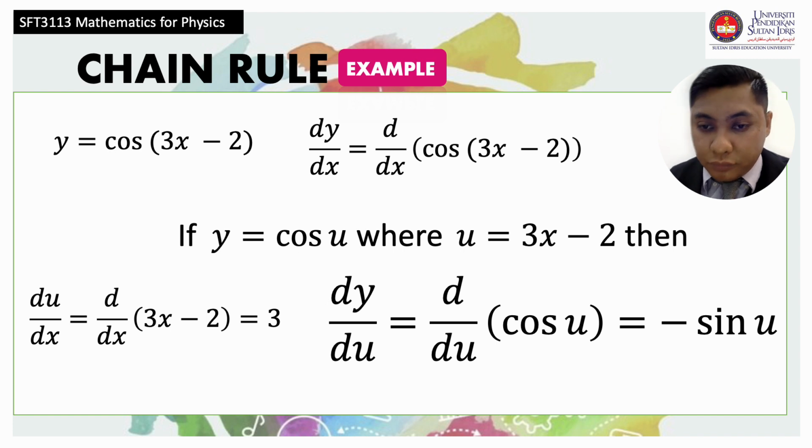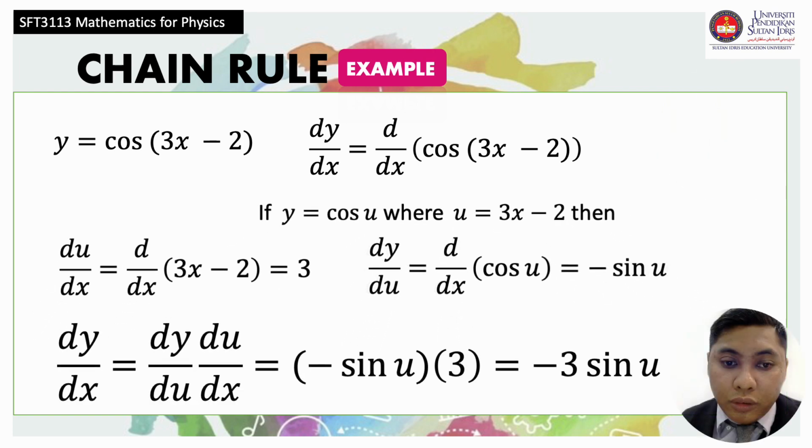So how are we going to solve it? According to the chain rule, dy/dx equals dy/du times du/dx. You will get minus sine u times 3, which equals 3 times minus sine u.